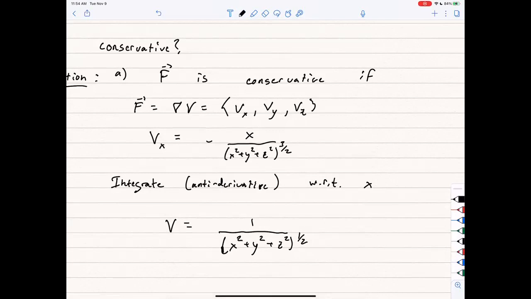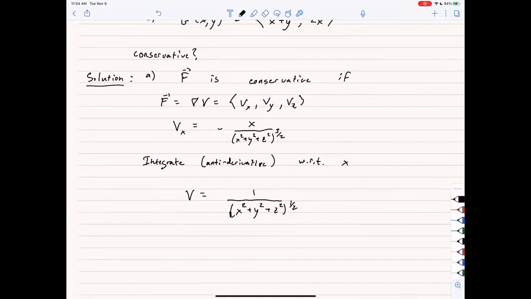All right, yeah, if I take the partial with respect to x of this, I'll get a 3/2 here, power rule, a -1/2 in front, but then I get a 2x, so the 2's cancel and I get a -x.